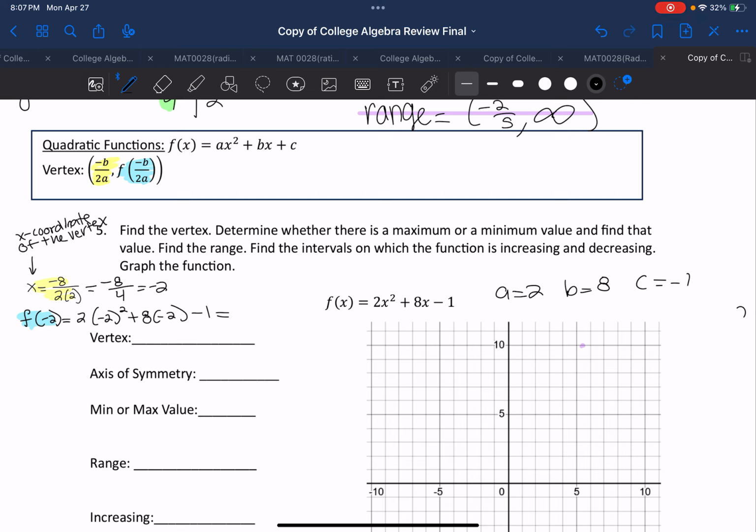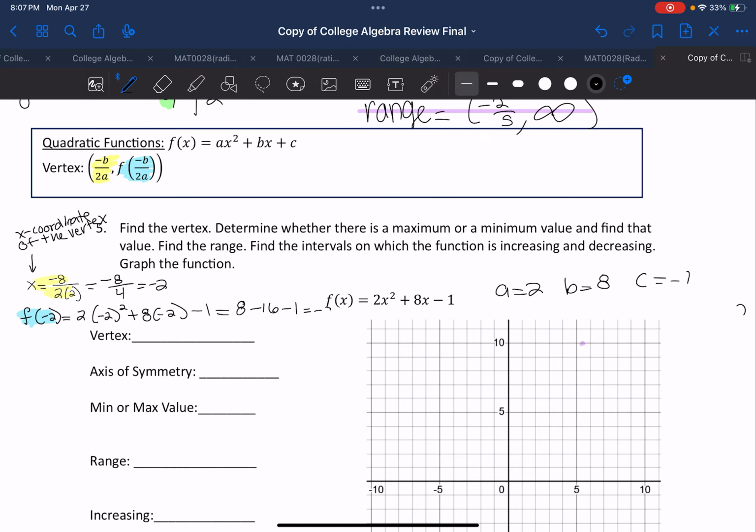Negative 2 squared would be a positive 4. 4 times 2 is 8. 8 times negative 2 is negative 16. 8 minus 16 is negative 8. And negative 8 minus 1 is negative 9. Just making sure I did all my work right here.